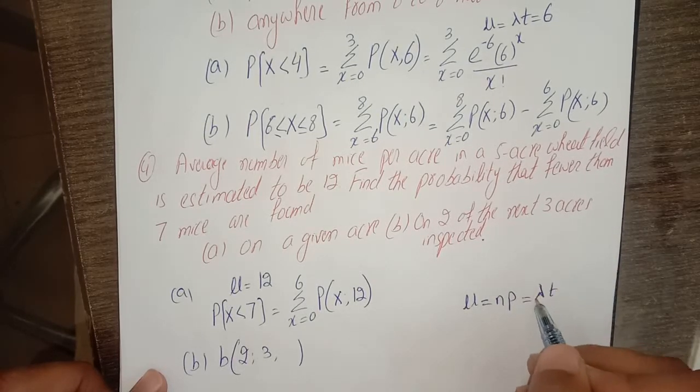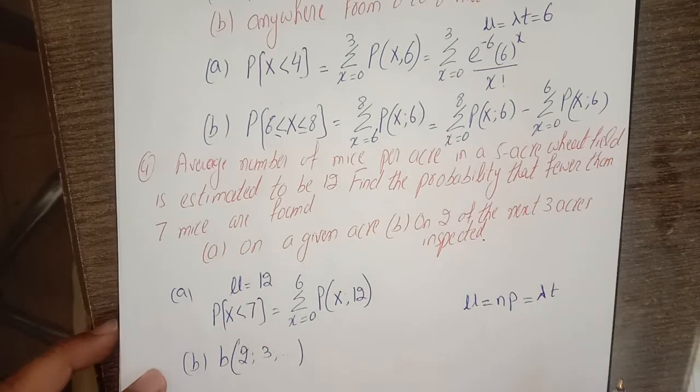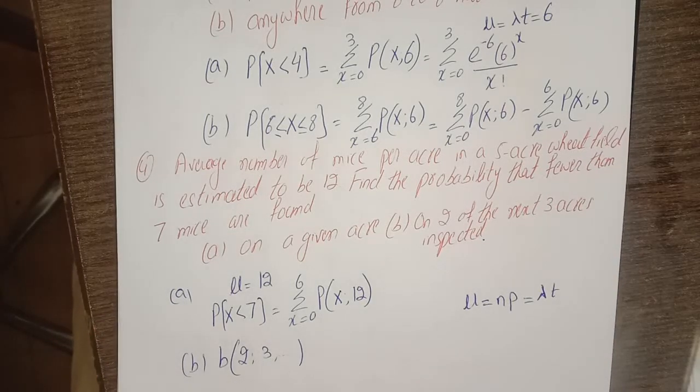You can find this p from here and substitute its value down here, and you will get the result, right? I am leaving this to you as an exercise, and I would like to see your results in the comments box, right?